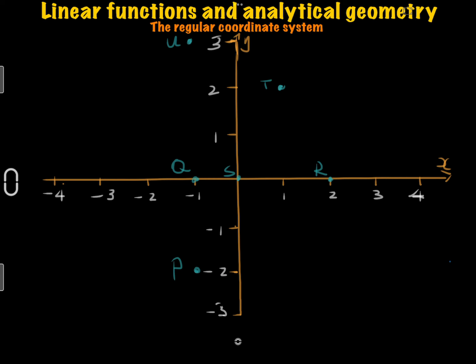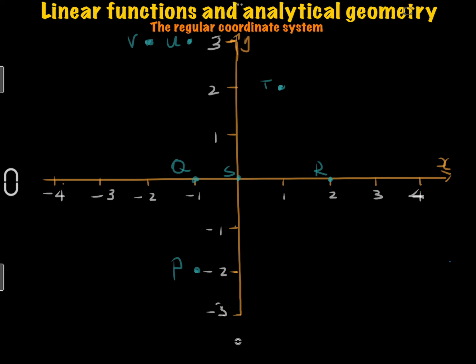And then V is -2 by 3. So this is our V. Okay, so those are our points on our coordinate system.